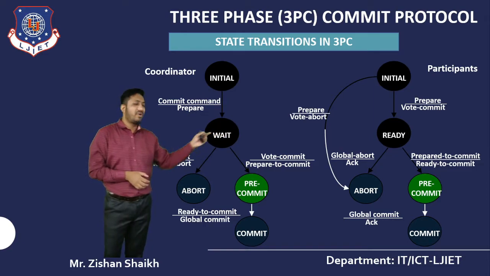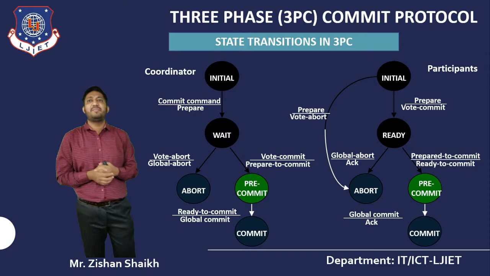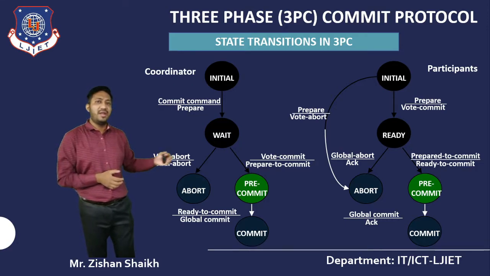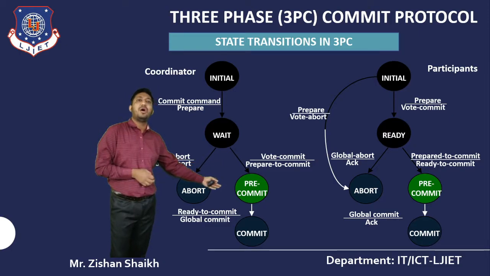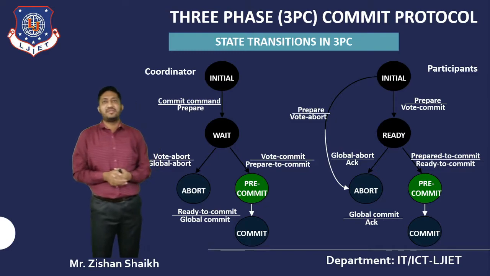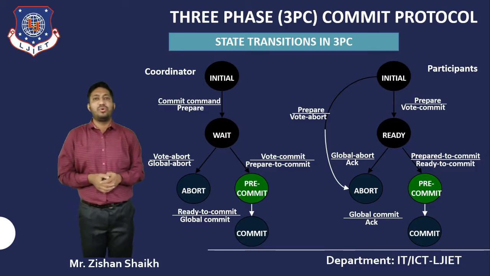That is the case of our ready state. After receiving the global abort message, the participant writes an abort message in its log and moves to the abort state on the participant side. So this is how the state diagram works in the three-phase commit protocol.